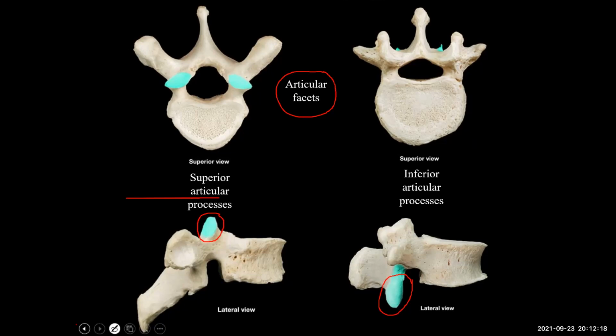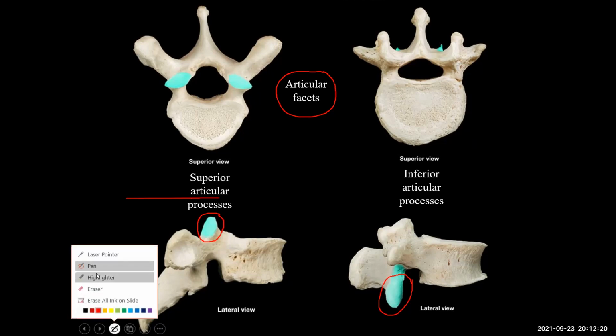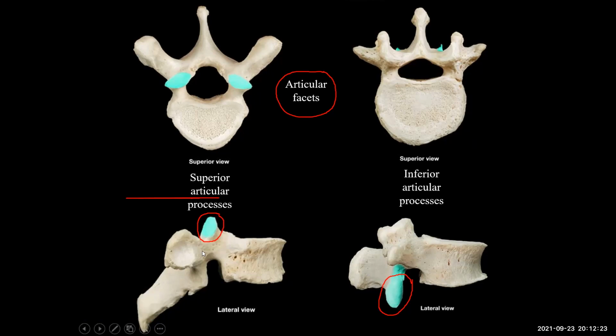So if you look at these two vertebrae here at the bottom of our page, let's take this vertebrae here and put it on top of this vertebrae. So that would mean that this inferior articular process is going to articulate with this superior articular process.